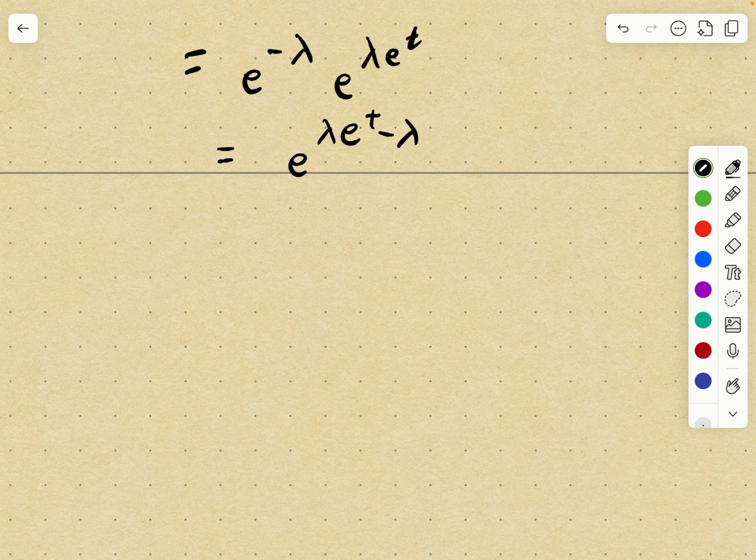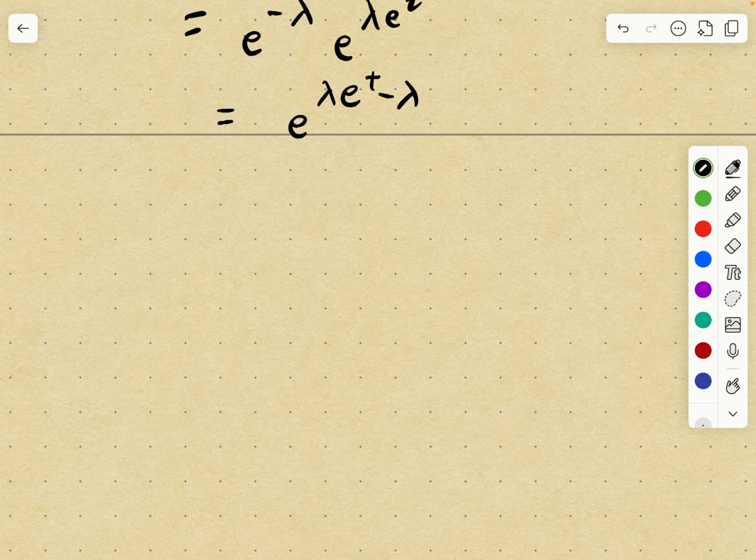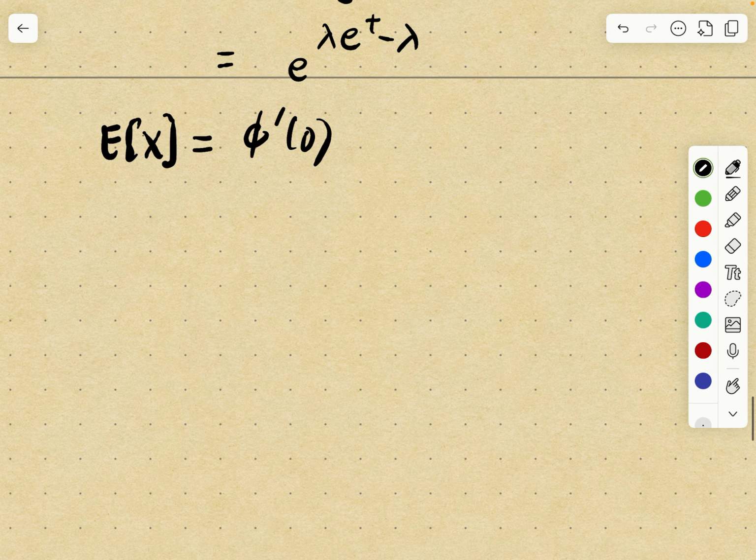So we can use this to calculate, I think, the formula for the kth derivative. The kth moment, or at least the kth derivative, will be complicated. But at least we can calculate, say, the expected value of X, which is the derivative evaluated at 0. So let's take the derivative of this.